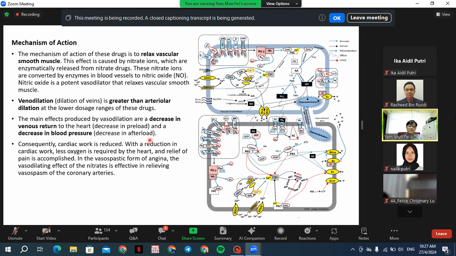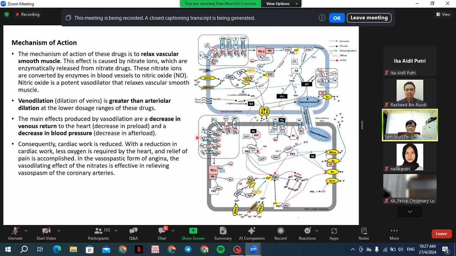Why? Because if you supply less blood to your heart, what will happen? Your heart will not pump more blood out because your resource is so limited. They pump the amount according to your resource. So they will pump out less, and your afterload will become less.